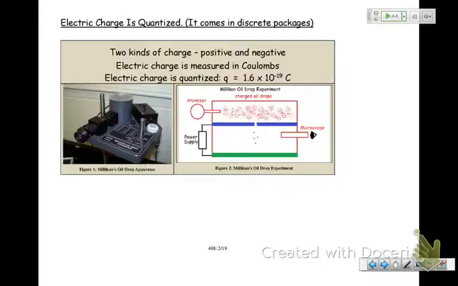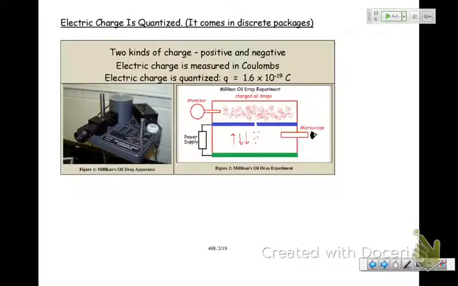As we said last time, I think I'm right on this, charges come in 2 flavors, positive and negative, and opposites attract, similar ones repel. Good old Millikan did his experiment where he drove these particles down using an electric field. He let them fall. Terminal velocity was pretty low. He drove them up sometimes, looked at all this motional behavior, and was able to work out the charge on the oil droplet.